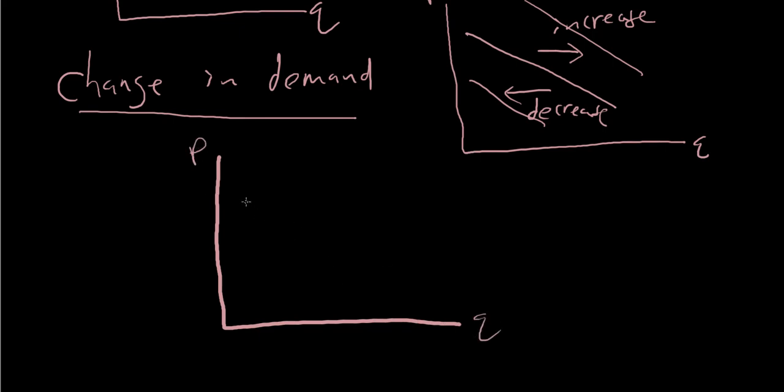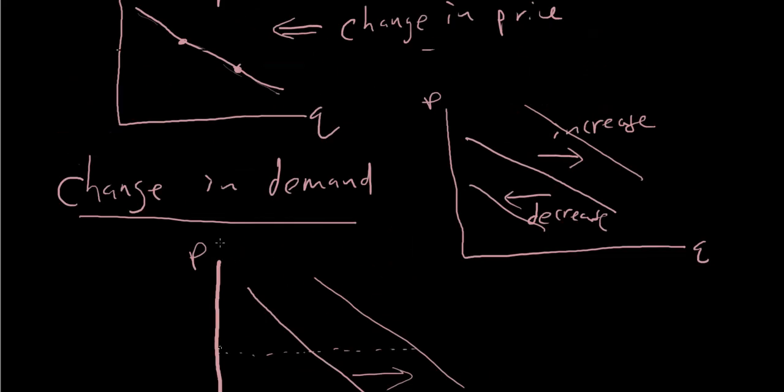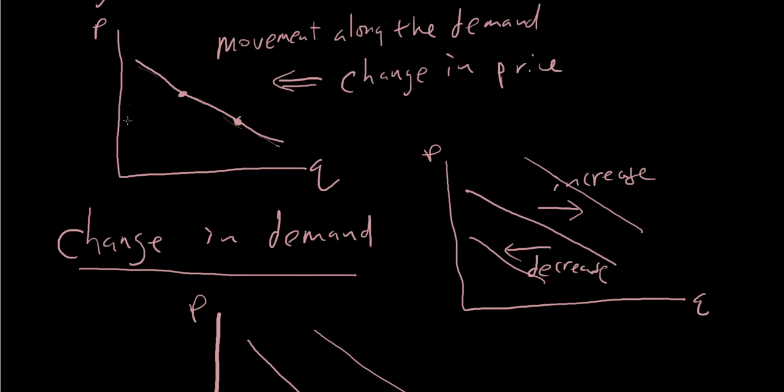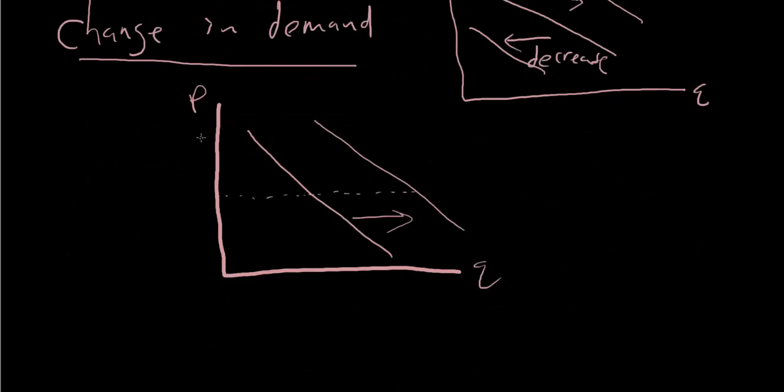So suppose there is an increase in demand, right? So there's a rightward shift of the demand. Then what this says is, even if the price hasn't changed, there is an increase in the quantity demanded, from here to there, right? So unlike here, if price changes, then we're moving along the demand curve. But here, even if the price hasn't changed, the quantity demanded has increased from here to there, right?